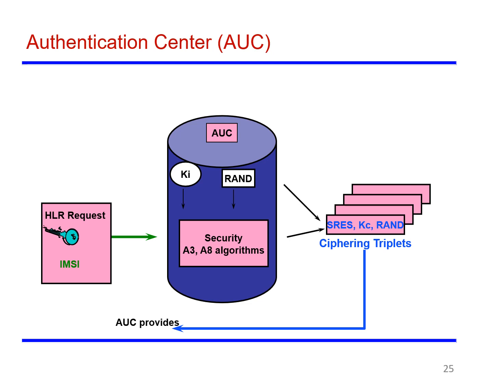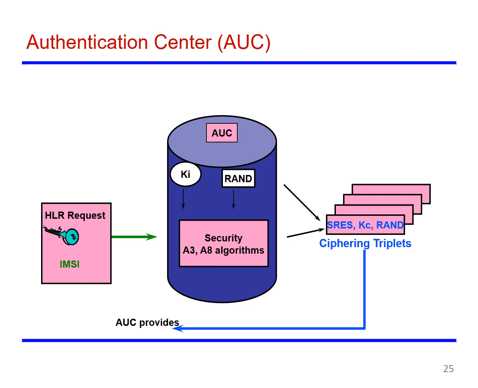At the same time, using the A8 algorithm with the KI and the random number, it generates the KC, the ciphering key. So it has chosen some random number, generated SRES using A3 and KC using A8, and shared that SRES, KC and random number with the MSC.